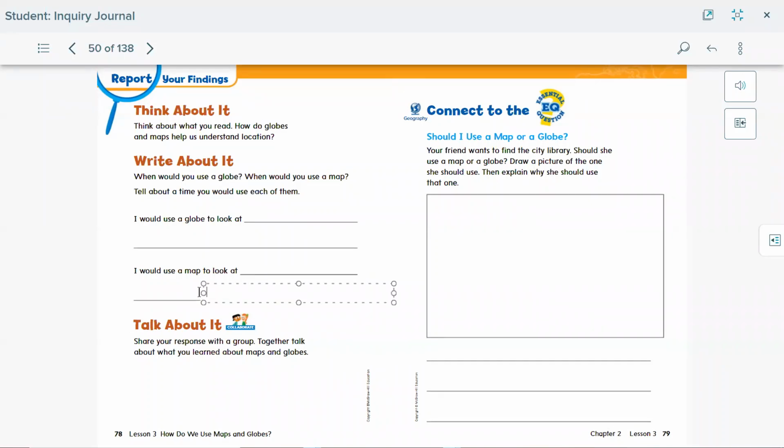So over here, we can say that I would use a map to look at my city, state, or my neighborhood. Let's see, you want to see how your neighborhood looks like.